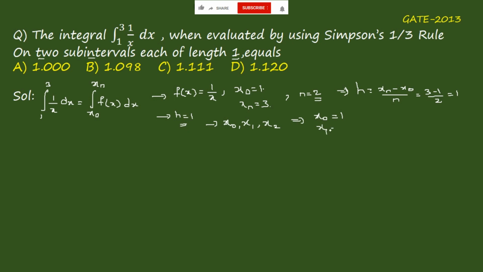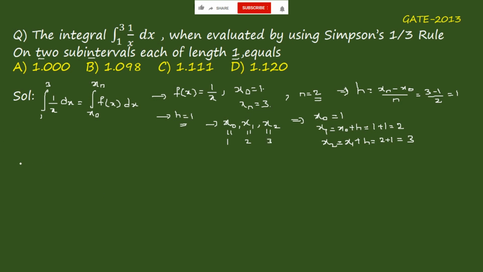Then x1 is equal to x0 plus h, which is equal to 1 plus 1, which is equal to 2. Then x2 is equal to x1 plus h, which is equal to 2 plus 1, which is equal to 3. So this is 1, this is 2, and this is 3, right?